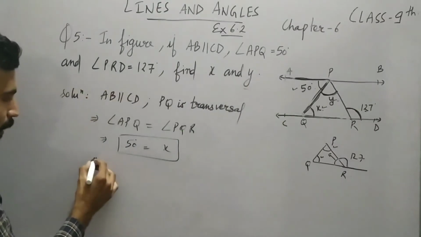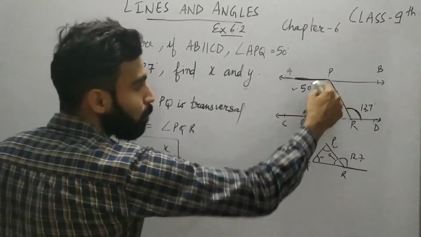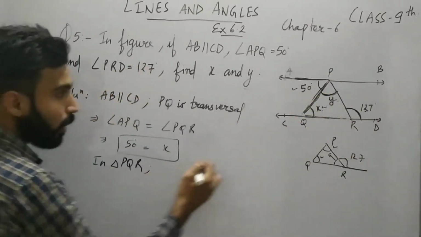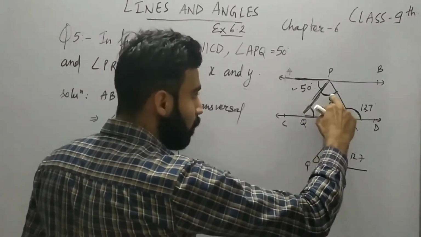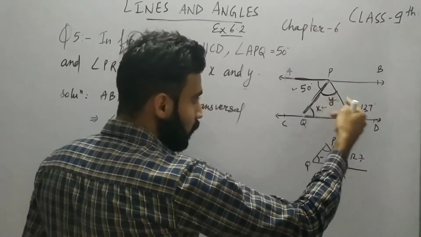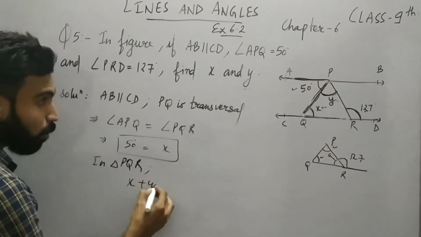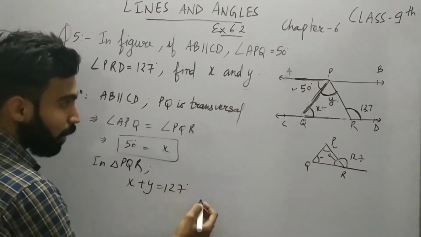So in triangle PQR, the sum of X and Y, the interior opposite angles, is going to be equal to the exterior angle. So I'm directly writing X plus Y is equal to 127.